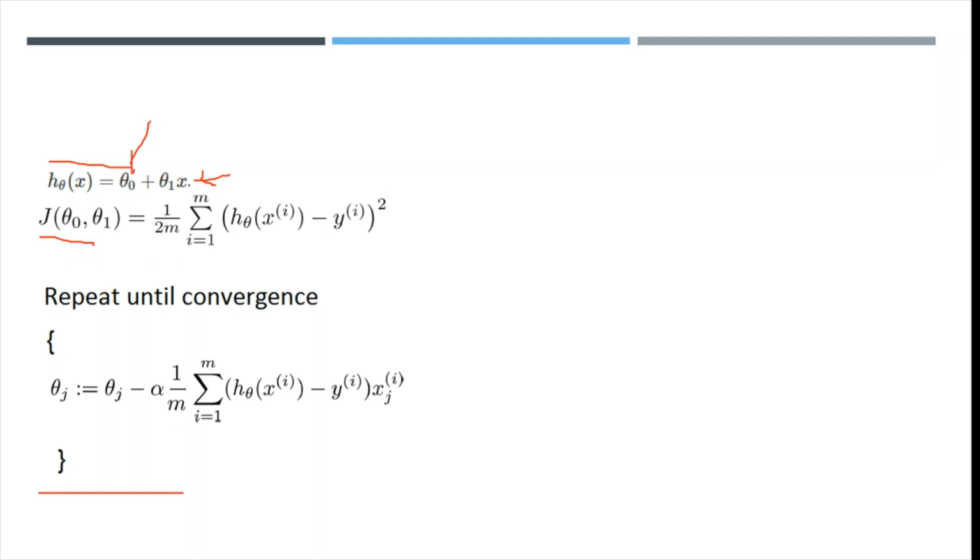So how do we choose that theta wisely? We first define our cost function. The theta which minimizes that cost function will be our final theta. And how do we get that theta? We repeat until convergence, and we use this gradient descent algorithm to find the theta which minimizes the cost function. I hope you understood the cost function and gradient descent algorithm.